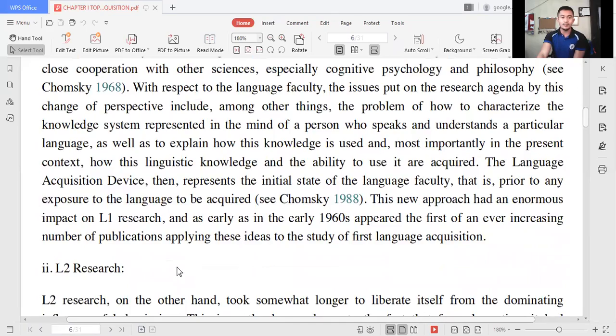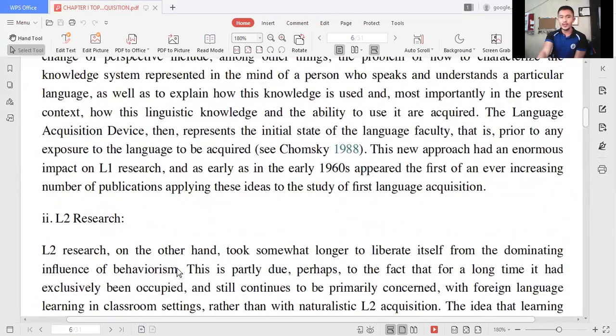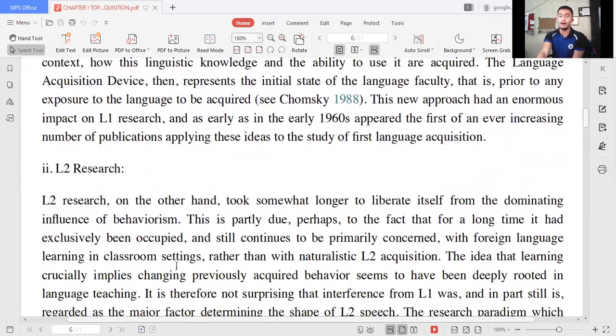Second language acquisition research, on the other hand, took somewhat longer to liberate itself from the dominating influence of behaviorism. This is partly due, perhaps, to the fact that for a long time it had been, and still continues to be, primarily concerned with foreign language learning in classroom settings rather than with naturalistic second language acquisition.